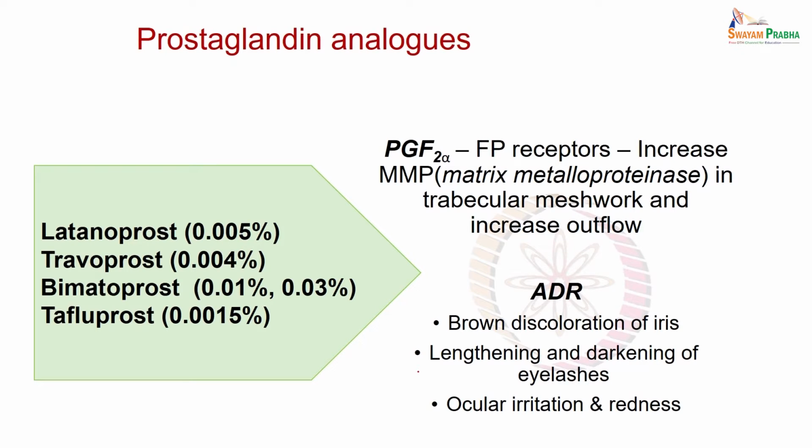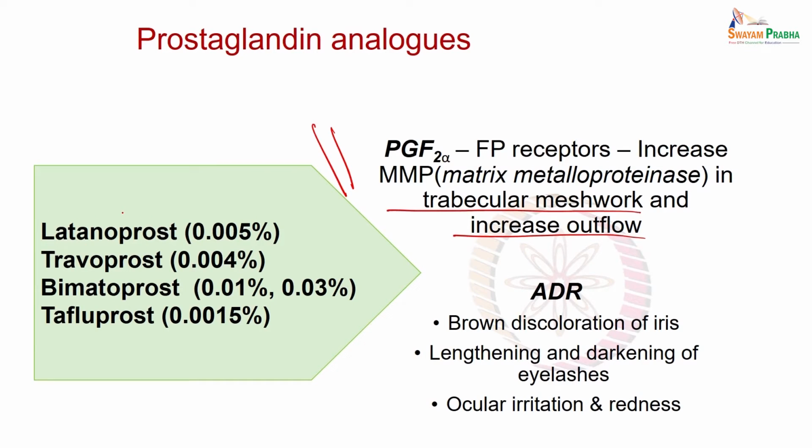These days prostaglandin analogues are increasingly used. Prostaglandin PGF2 alpha acts on FP receptors and increases matrix metalloproteinase enzyme in the trabecular meshwork, and this causes an increase in outflow.